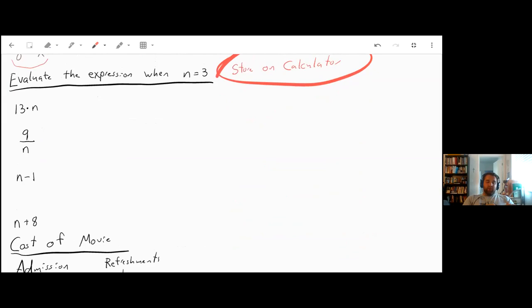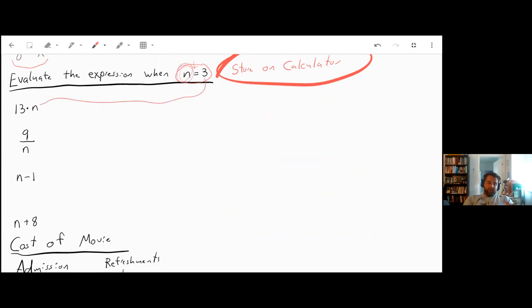So what we're going to do is evaluate the expression when n equals 3. Because of that equal sign, what an equal sign means is what's on the left is exactly the same as what's on the right. It just might look different. But what that means for us is that every n that we see, we can replace with a 3.